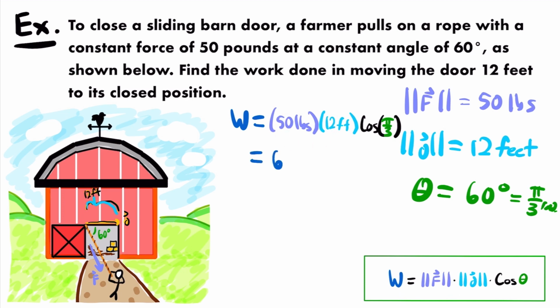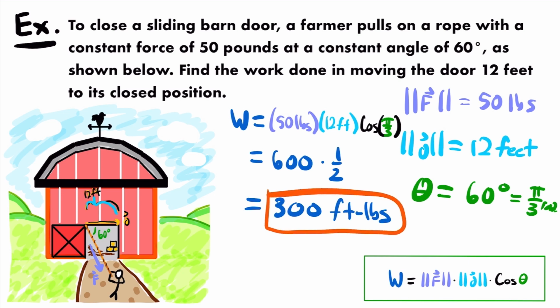So this is equal to 600 times cosine of pi divided by 3, which is 1/2. So we have 600 times 1/2, which is equal to 300. But of course, don't forget your units. We are working with feet and pounds, so our work units will be foot-pounds.